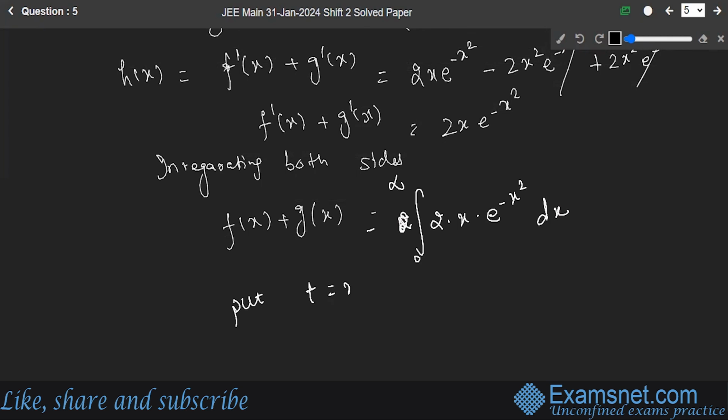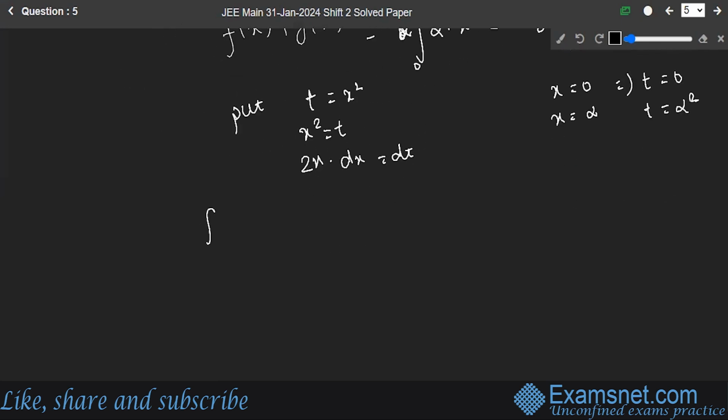So now I'll do what? I'll put x square is equal to t. So you will have 2x dx is equal to dt. Also the limits will change. When x is equal to 0, t is equal to 0, and when x is equal to alpha, t is equal to alpha square.